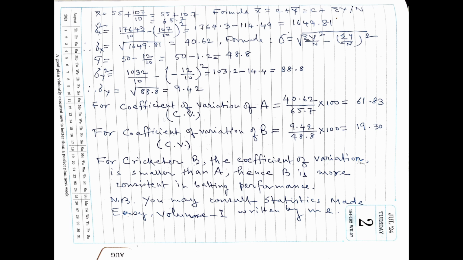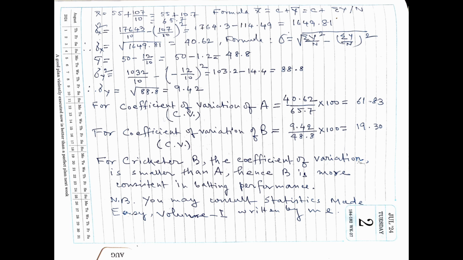Formula used as above. Sigma Y square is equal to 1032 by 10 minus, within bracket, minus 12 by 10 whole square, is equal to 103.2 minus 1.44, is equal to 101.76. Therefore sigma Y is equal to root over 101.76, is equal to 9.42.